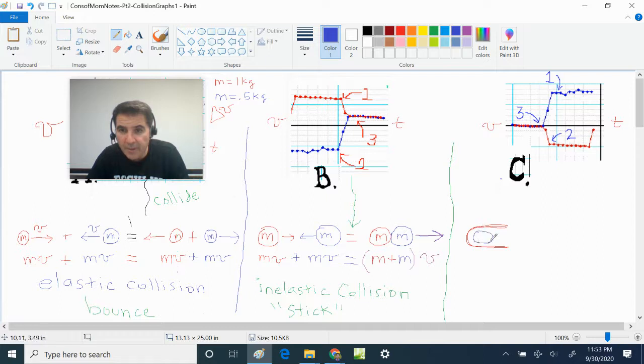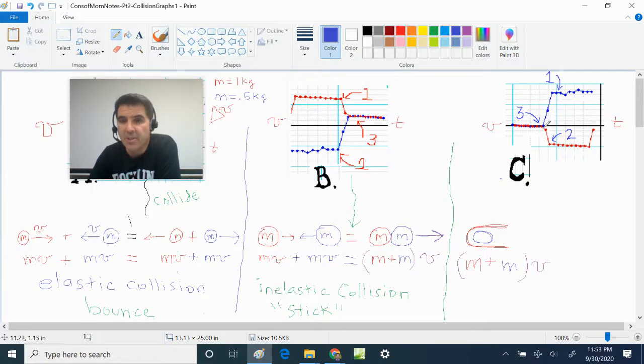Right now it's purple because they're together. So the red one is the big cannon, which is twice as heavy, and the blue one is the cannonball, which is lighter.